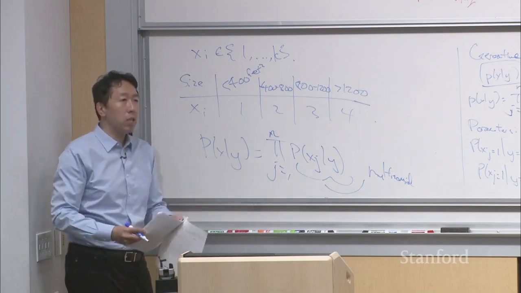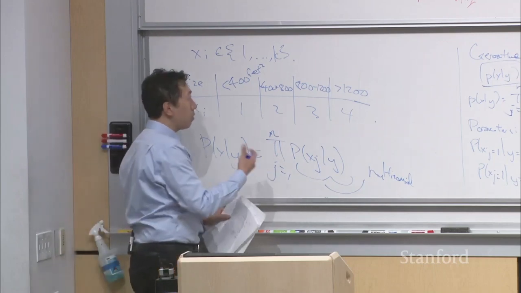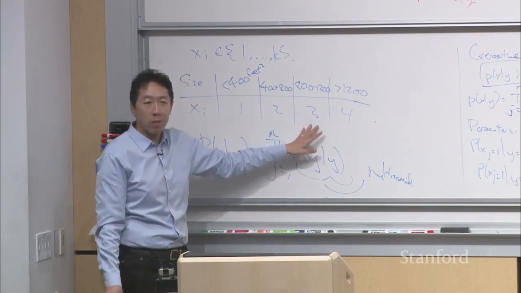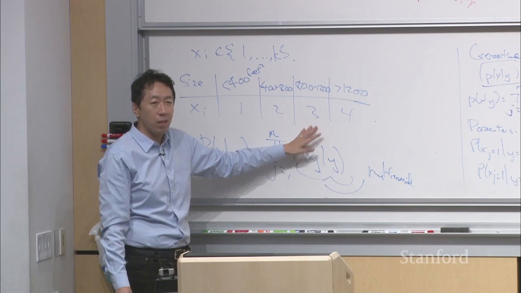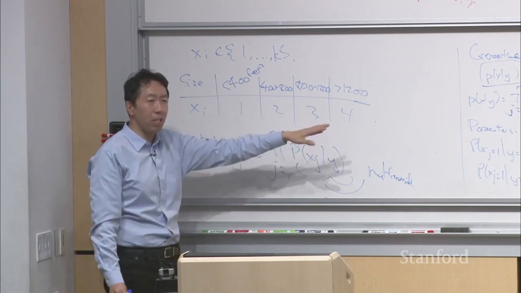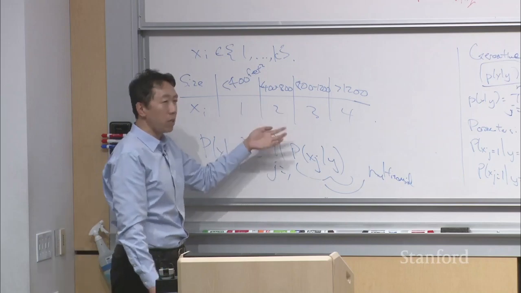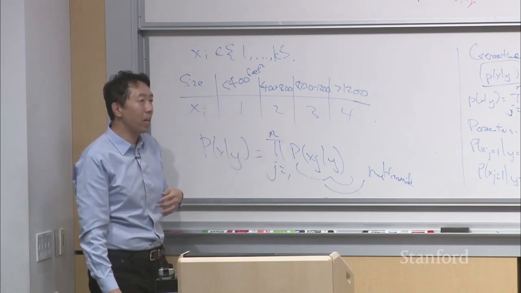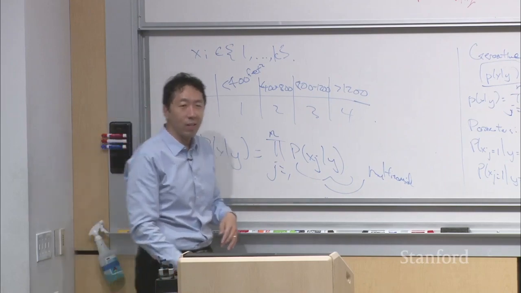And if you have discretized variables, a typical rule of thumb in machine learning is that often we discretize variables into 10 values, into 10 buckets. That often seems to work well enough. I drew 4 here so I don't have to write out 10 buckets, but for most people, you'd start off with discretizing things into 10 values.